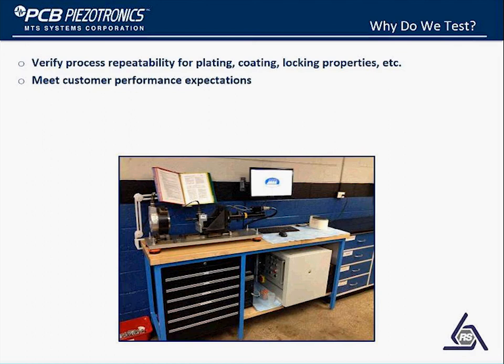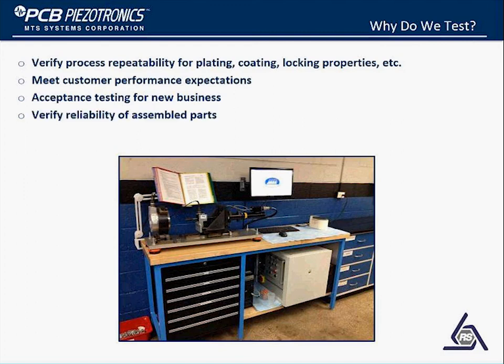We certainly want to be able to meet our customer performance expectations. And of course, there's always the acceptance testing for new business, where we're looking to get some new business and we need to be able to expand our testing capabilities to meet the requirements of that new business. And certainly we want to be able to verify the reliability of our assembled parts.